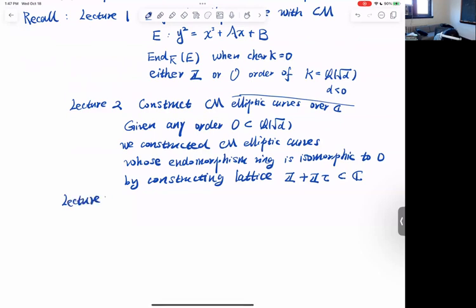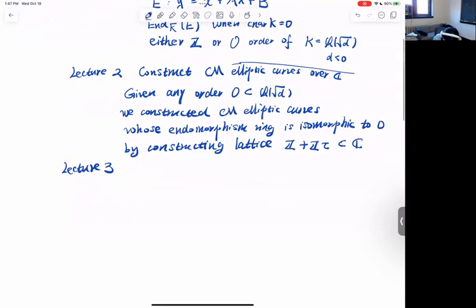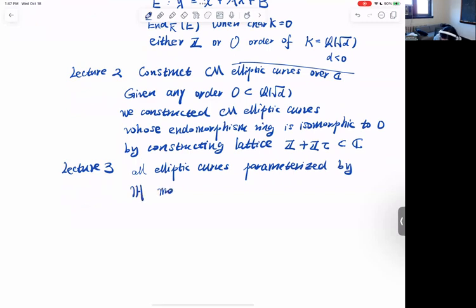So what we did in lecture 3 is we looked at all elliptic curves. These are parameterized by the upper half plane modulo the SL2(Z) action.